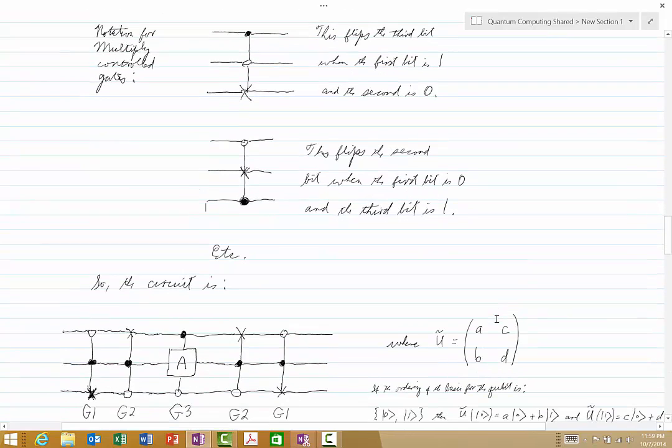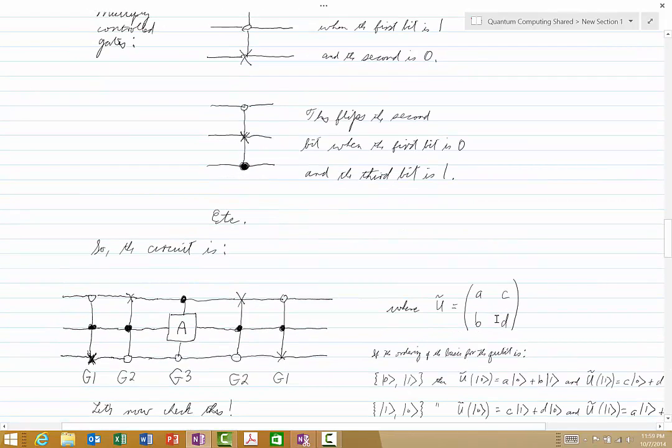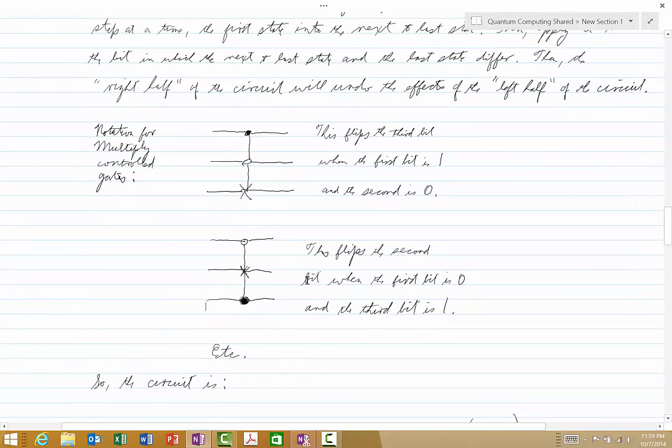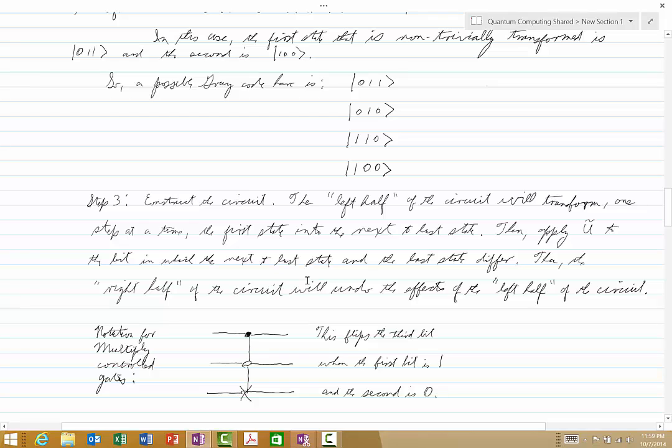And now I claim that the circuit we want is the circuit given right here. And let's see how this is obtained. Well, let's refer again to our gray code. The first thing we want to have happen is 0, 1, 1 must go to 0, 1, 0. If you look at those two lists, you see that when the first two bits are 0 and 1, the third bit is toggling.